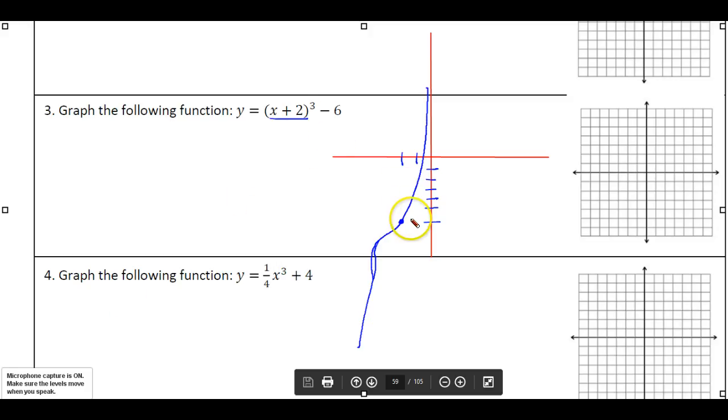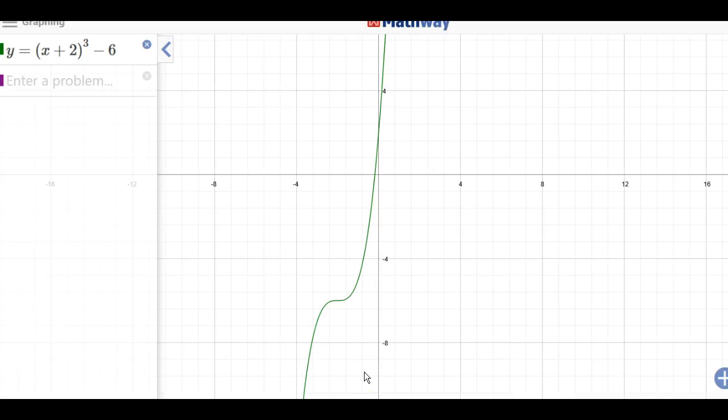But before we leave this, again, you see you're moving it over to the left 2 units and then down 6. This is your y-intercept has been shifted because of this value. And it's the typical cubic function. And here we see it beautifully done. Keeping in mind that this is where our -4 is.